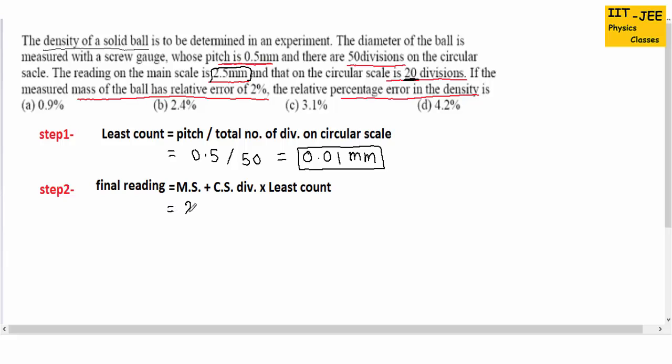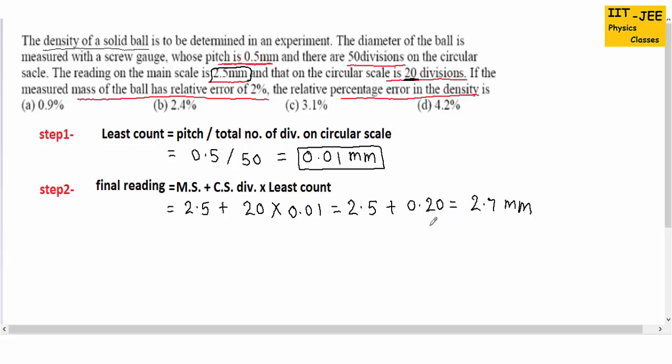So plug in 2.5 plus 20 times least count, which is 0.01 millimeter. This will give us 2.5 plus 0.20, that equals 2.7 millimeter. So this is the final reading from the screw gauge.